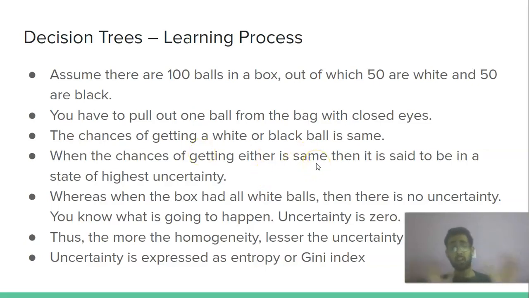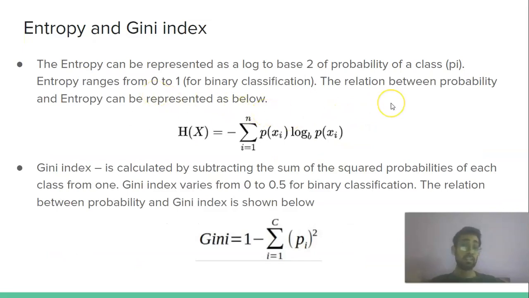Uncertainty and homogeneity here are related to each other. This can be expressed using entropy and the Gini index. So let's see what entropy is, what Gini is. Entropy here is Shannon's entropy, you might have heard of it. The formula is the sigma of probability times log of probability, with a negative sign because the log of a number between 0 and 1 is negative.